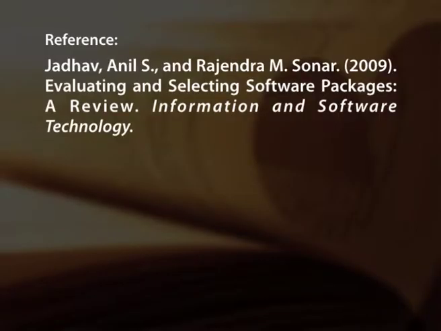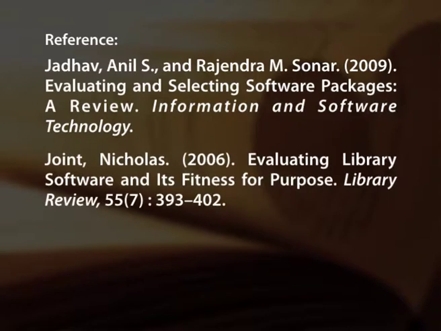Books for your reference are: Evaluating and Selecting Software Packages: A Review, Information and Software Technology, Anil S. Yadav and Rajendra M. Sonar, 2009. Evaluating Library Software and Its Fitness for Purpose, Library Review, Nicholas Joint, 2006.